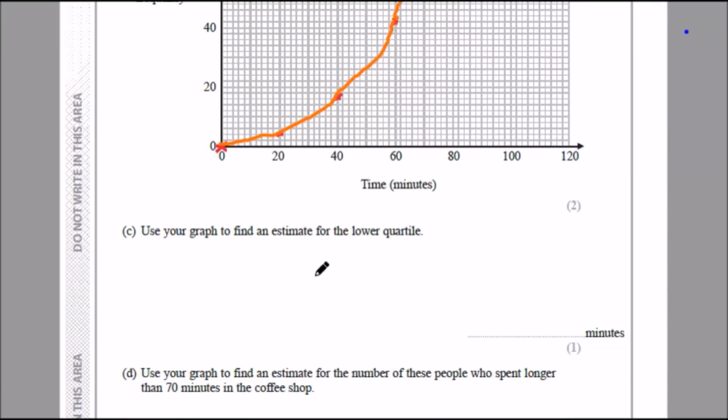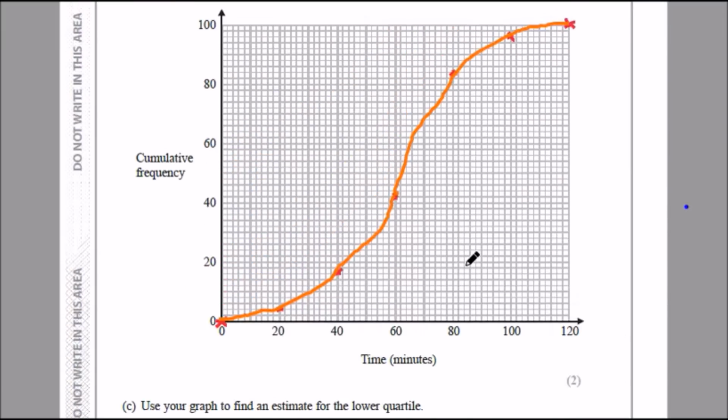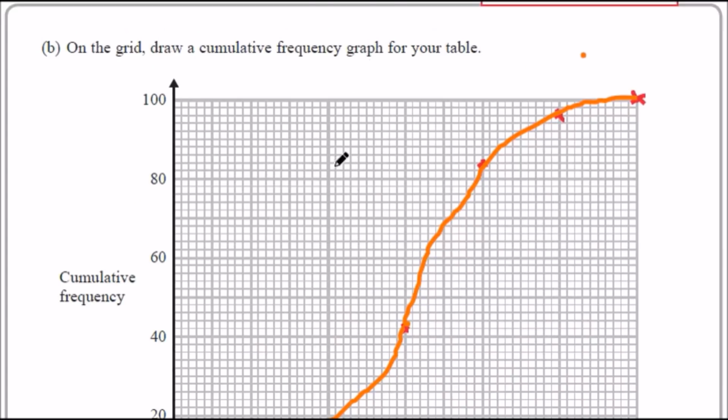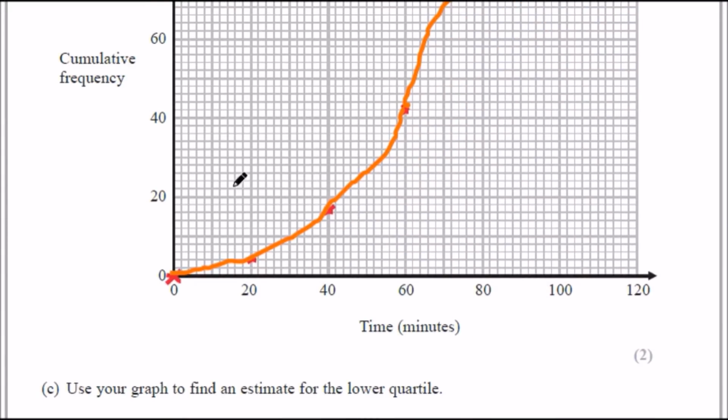Use your graph to find an estimate for the lower quartile. With quartiles and medians, we just have to consider the percentage of each group of people. By 100, we have 100%. The 50th person will be the median, so the first quartile will be the 25th person. Let me zoom in for this one. This is 30, so the 25th is around here.